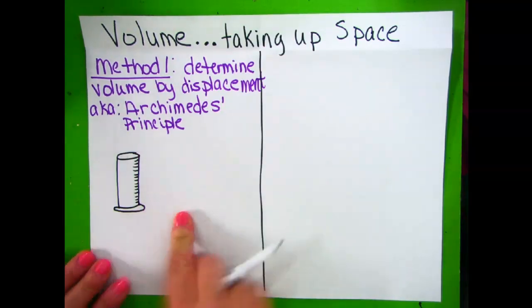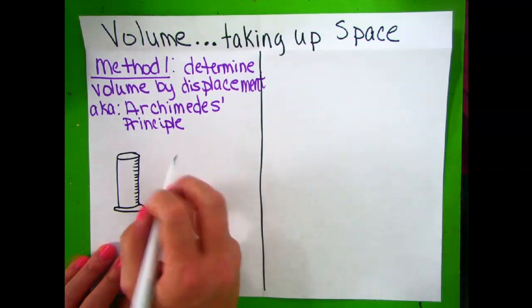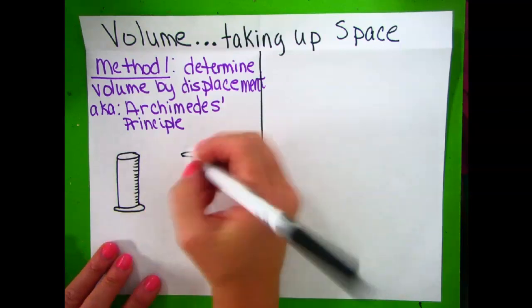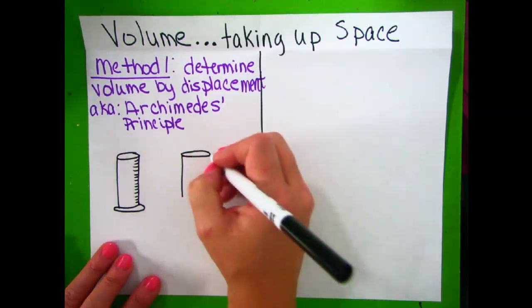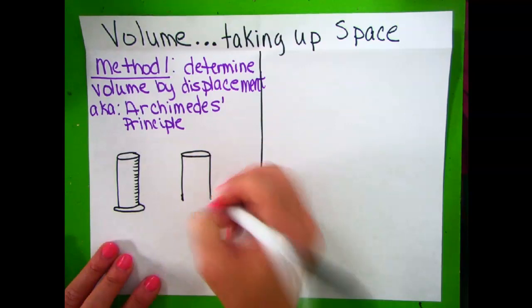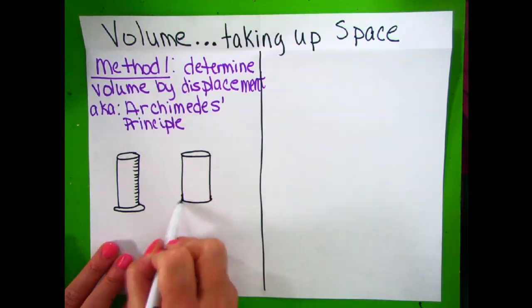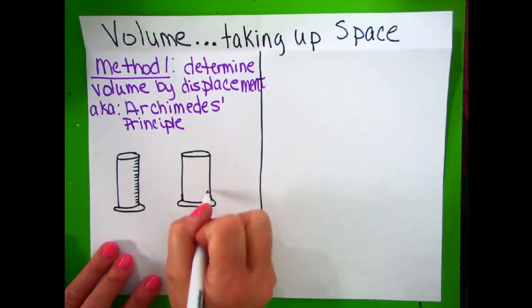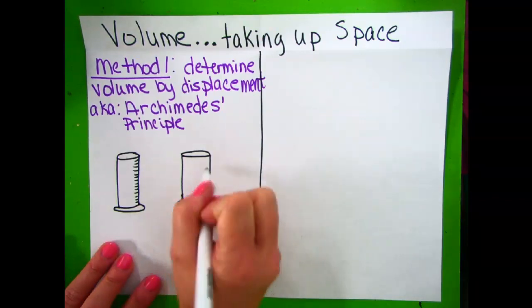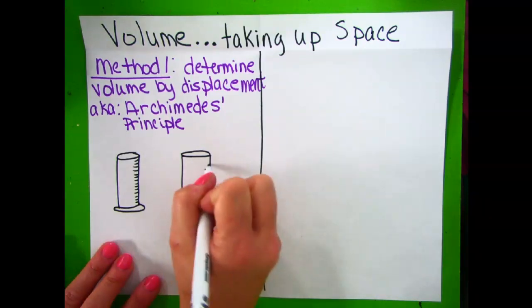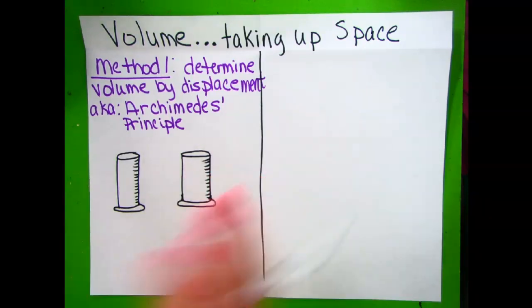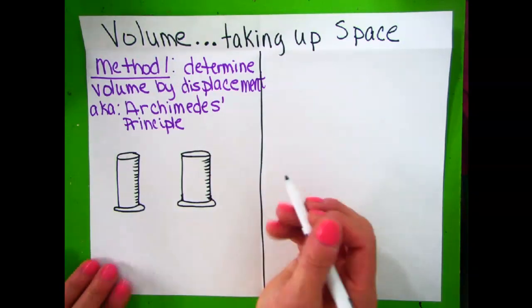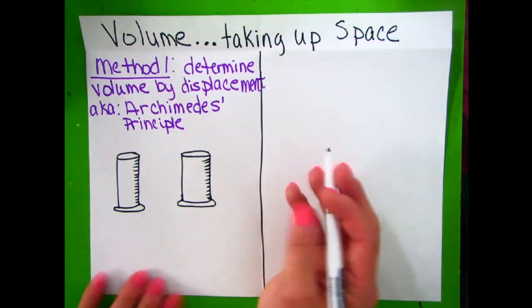I'm going to draw two of those, kind of next to each other. These are called graduated cylinders, right?